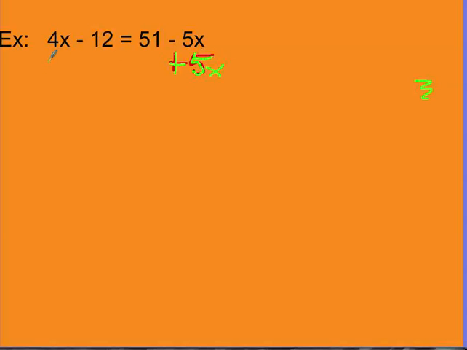to both sides. 4x plus 5x, well, that's going to give me 9x minus 12 equals 51, because these x's cancel out. So I need the constants on the same side now that I successfully have moved the variables to the same side. So here I have a minus 12. I need to do the opposite, so I'm going to add 12.